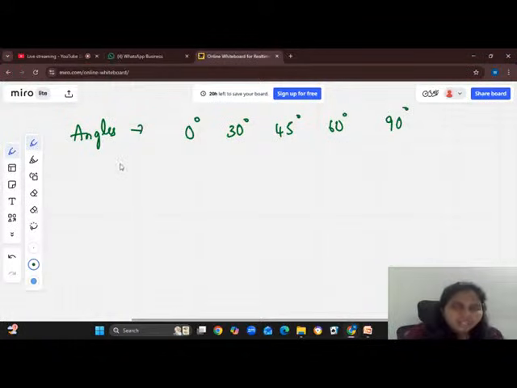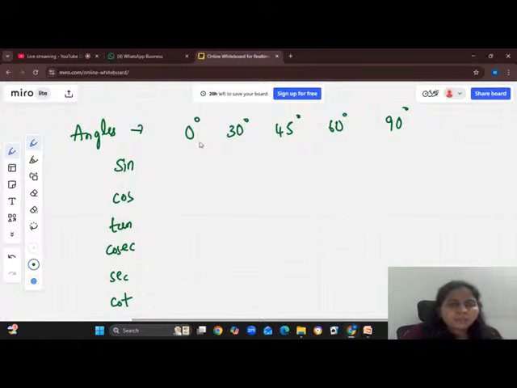First you write down your ratios: sine, cos, tan, in order. Sine by cos is tan, 1 by sine is cosec, 1 by cos is secant, and 1 by tan is cot.